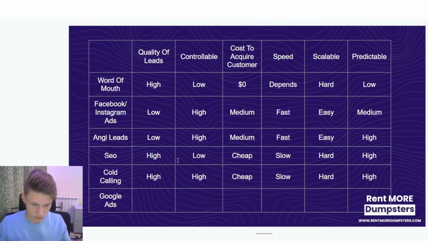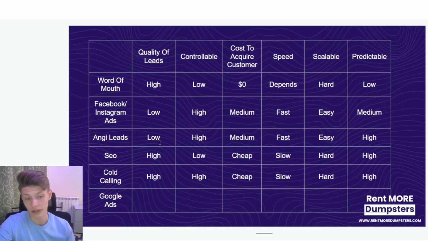Someone who is looking for a dumpster and types dumpster rentals in city shows that he is intent. He wants to know a dumpster rental company in his area. But just because it's ads and it's going to be a landing page, you're not going to have those long forms to qualify your click.